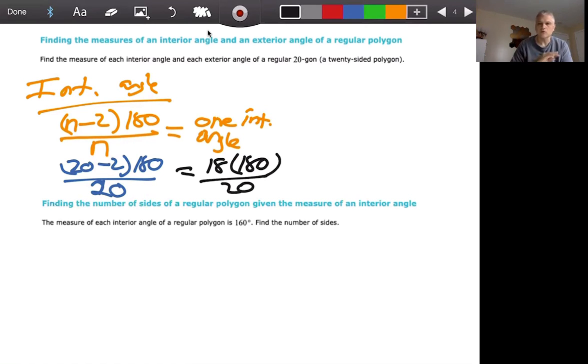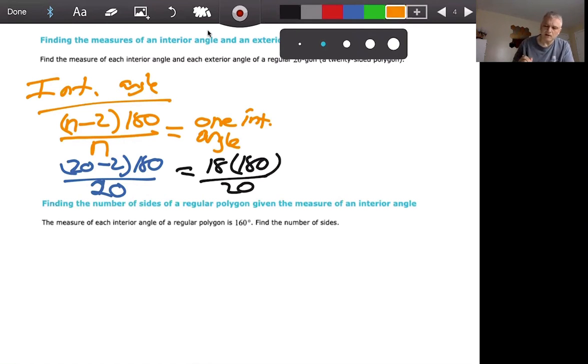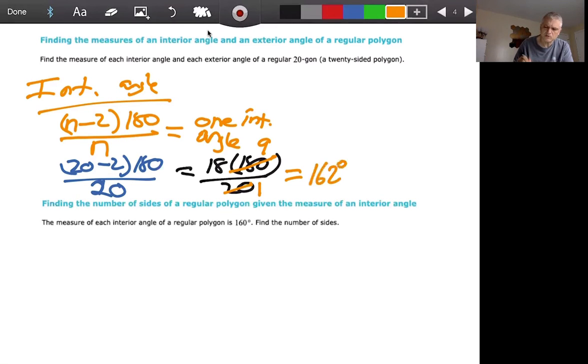Okay, those of you that want to just put it in your calculator and do it, I guess you can, but I'm going to cancel the 20 and the 180. 20 is a factor of 20 by 1. 20 is a factor of 180 by 9. So 18 times 9 is, what's that, 90 plus 72, so 162 degrees. So one interior angle of a 20-gon is 162 degrees. Okay, that's an interior angle.